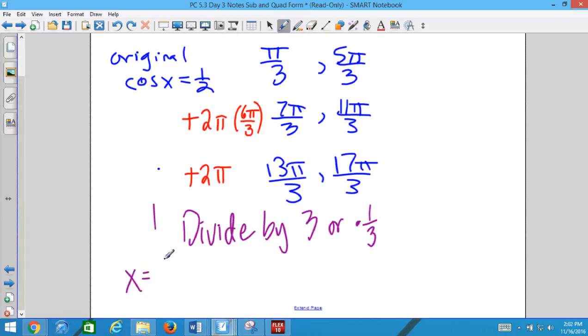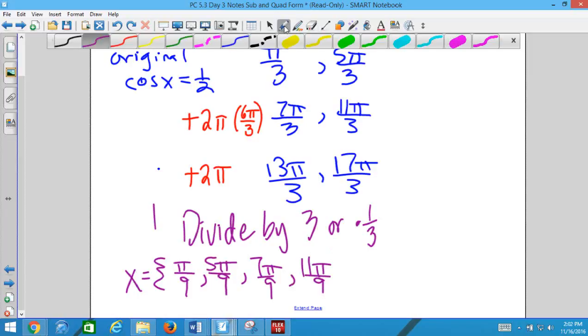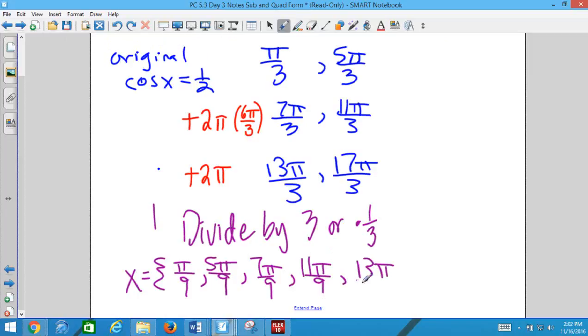So do we get pi over 9? 5 pi over 9, 7 pi over 9, 11 pi over 9. Oops, that looks like a G. There we go. 13 pi over 9, and 17 pi over 9. All of them, because we're squishing all of them in. You take the originals, 3 full cycles of the original, and we squish them all in.